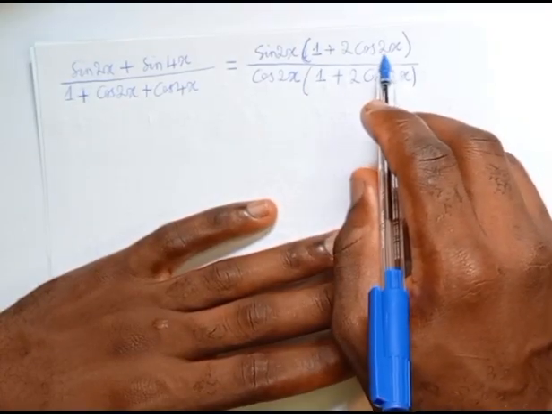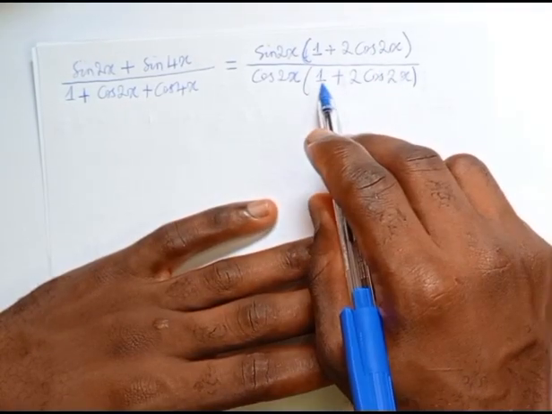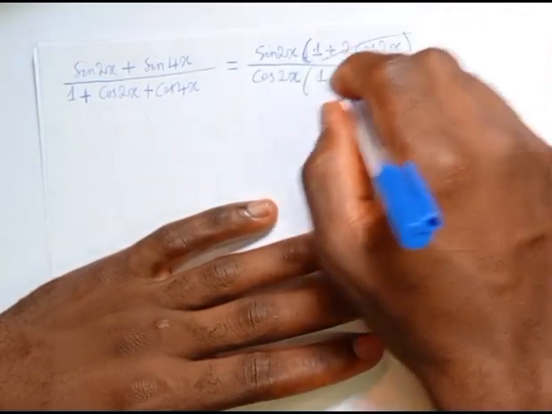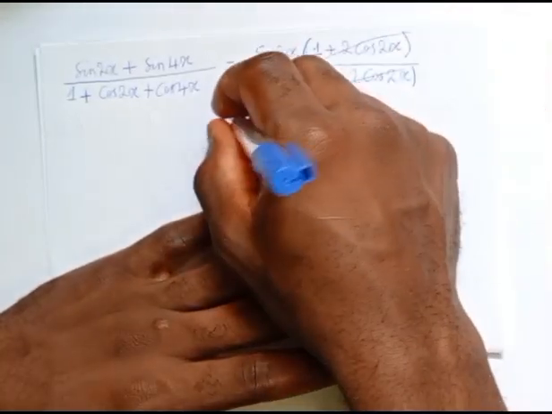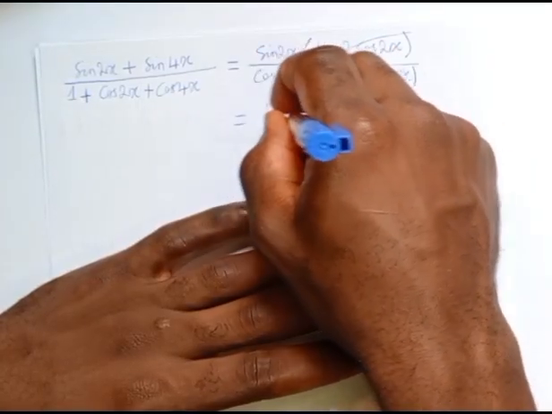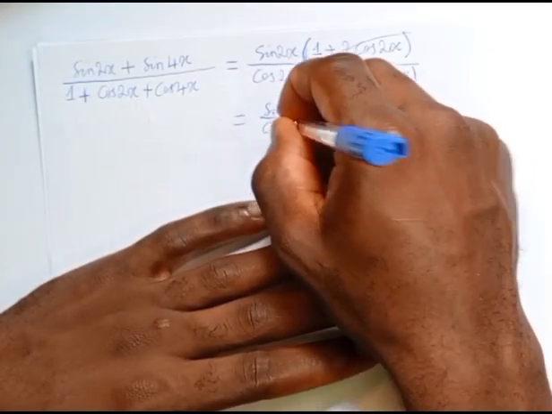1 plus 2 cos 2x at the numerator will strike off 1 plus 2 cos 2x at the denominator. We will be left with sine 2x all over cos 2x.